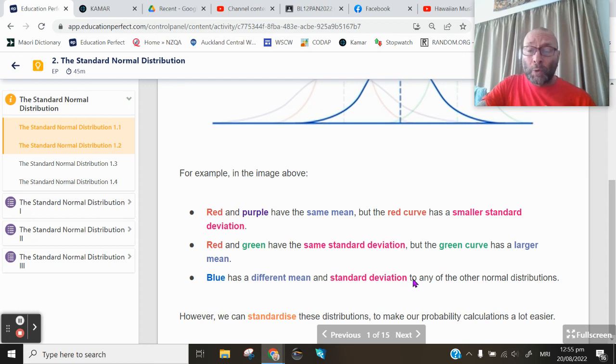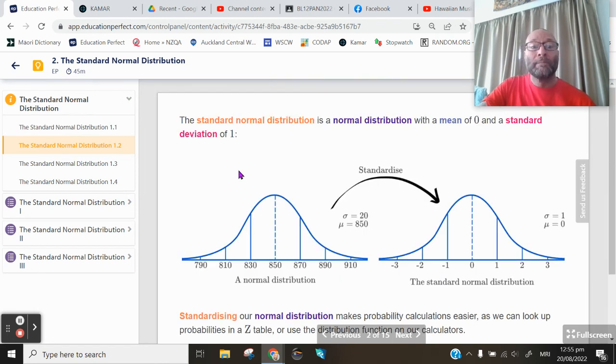Now, what we're going to do to make these easier to compare is we will standardize these distributions to make our calculations for probability much, much easier. The standard normal distribution is a normal distribution where the mean is 0 and the size of each standard deviation is 1.